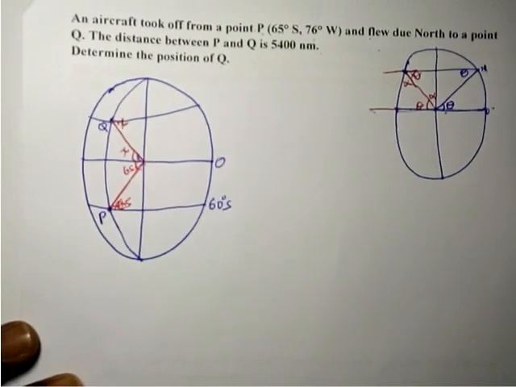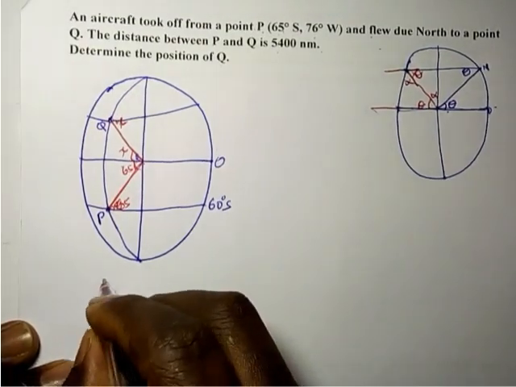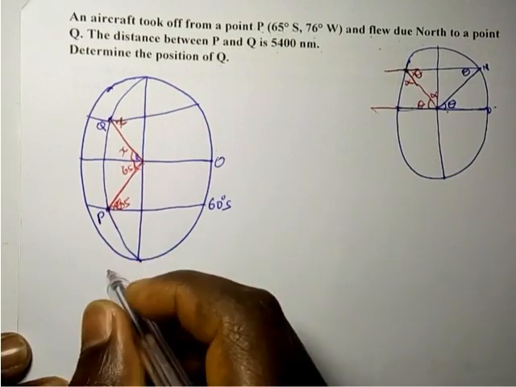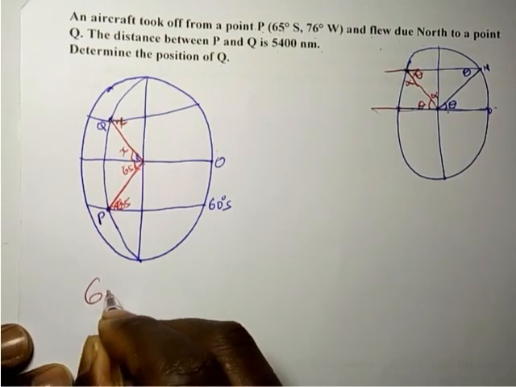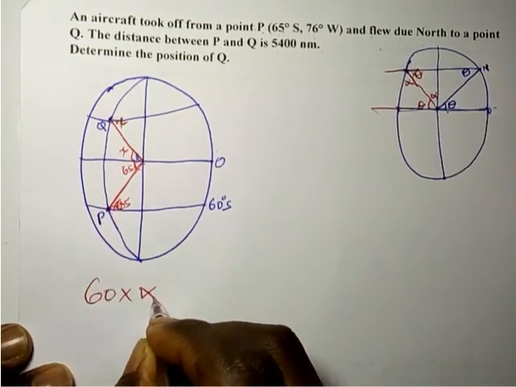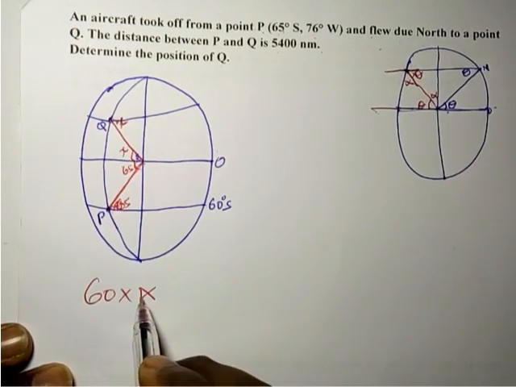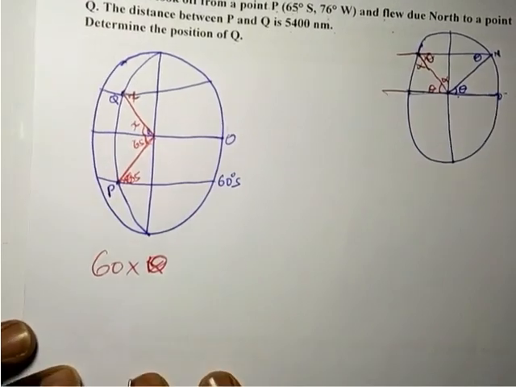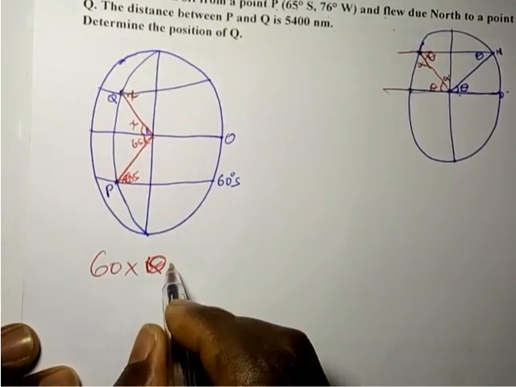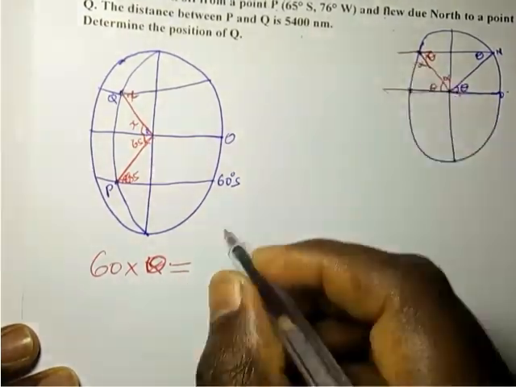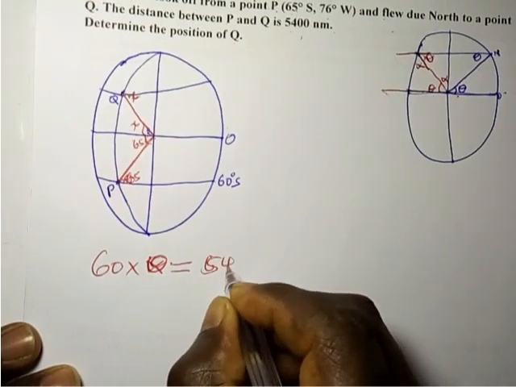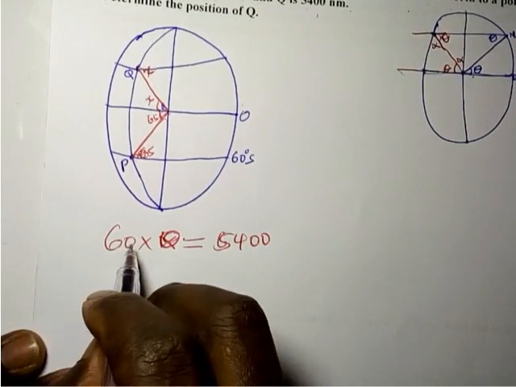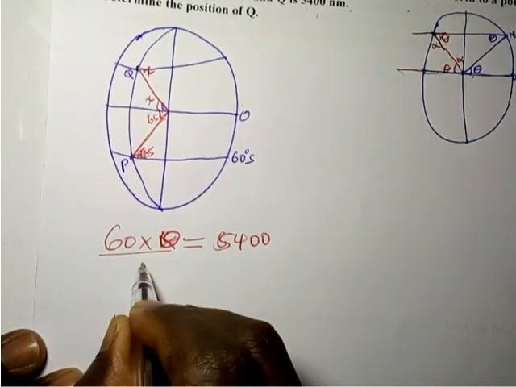How do we get that? For a great circle, it is simple. We know the distance is 60 times theta, because it is on a great circle. We don't know theta, but this is going to give us the distance, which is 5400 nautical miles. So how do we get theta? We just divide by 60.